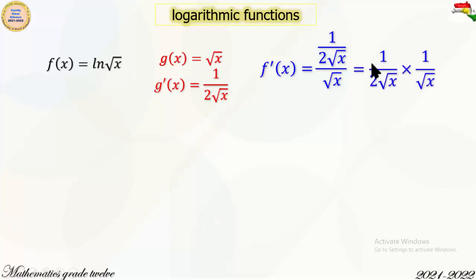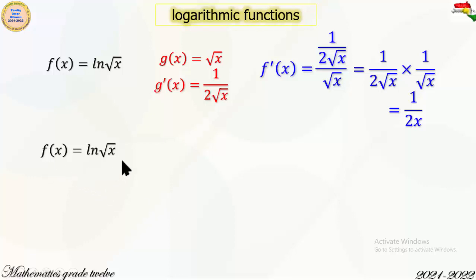Simplifying, write the numerator 1 over 2 square root of x times the inverse, 1 over square root of x, and multiplying them becomes 1 times 1 is 1, 2 square root times square root is 2x.